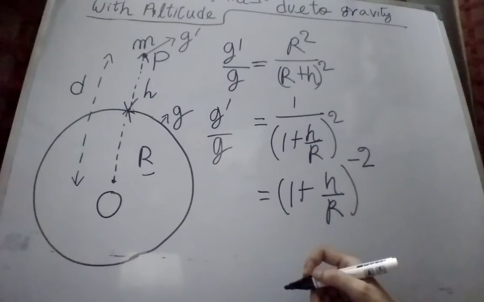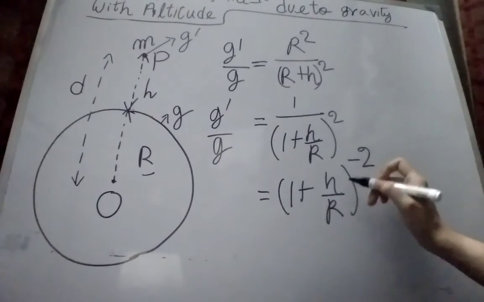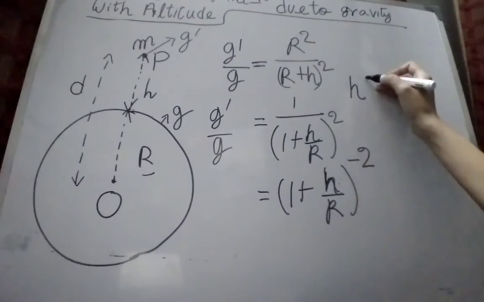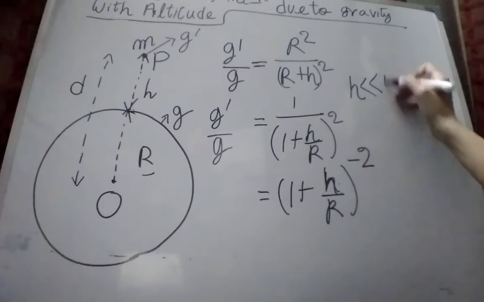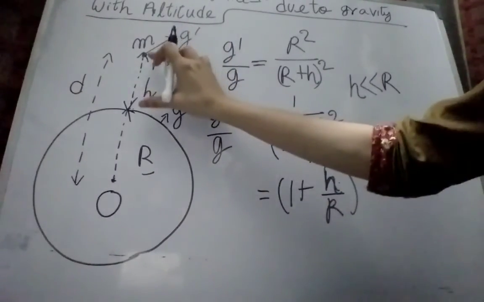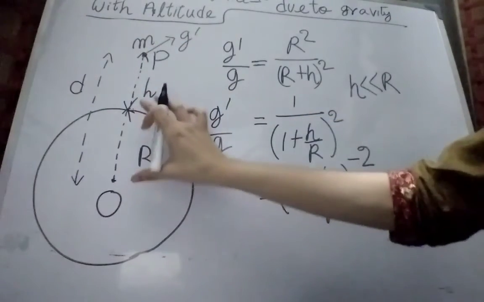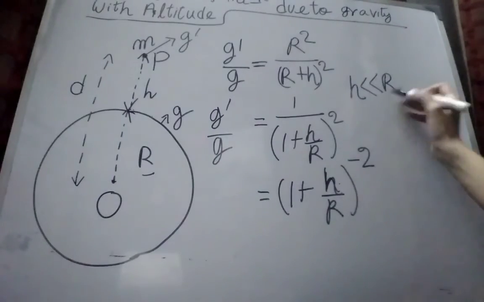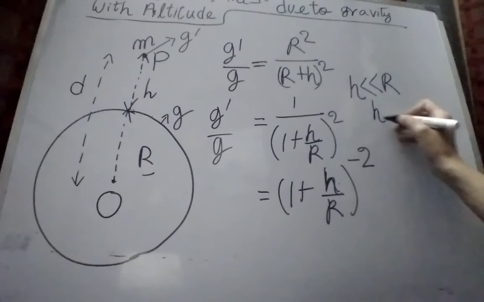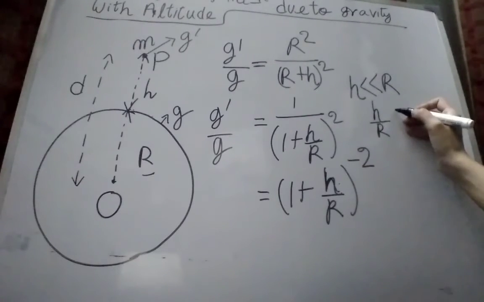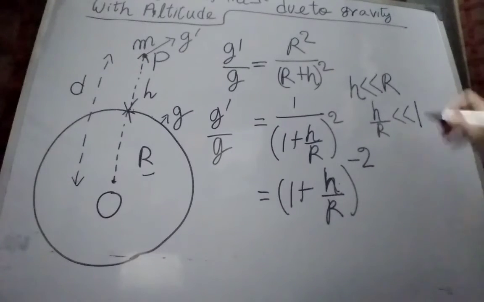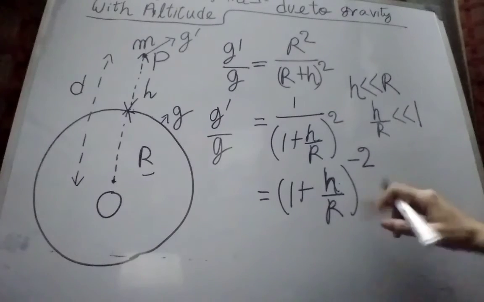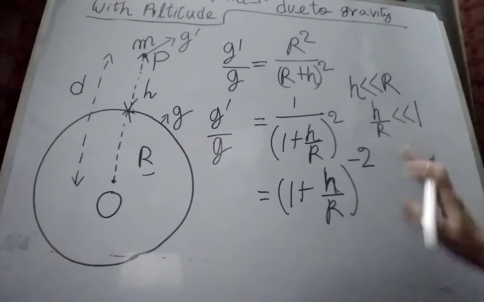Now, using the binomial expression, first of all this small h is very, very small compared to R, the radius of the earth. So this height h should be very, very small compared to the radius of the earth. So this fraction h by R is very, very less than 1. If we consider the binomial expansion, then the higher terms are ignored.